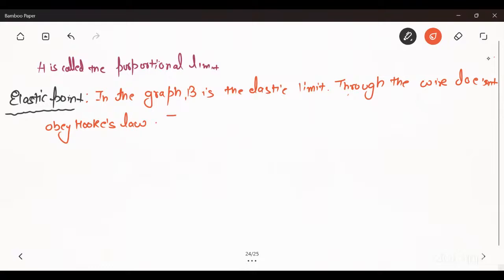The wire regains its original length after the removal of the deforming force.